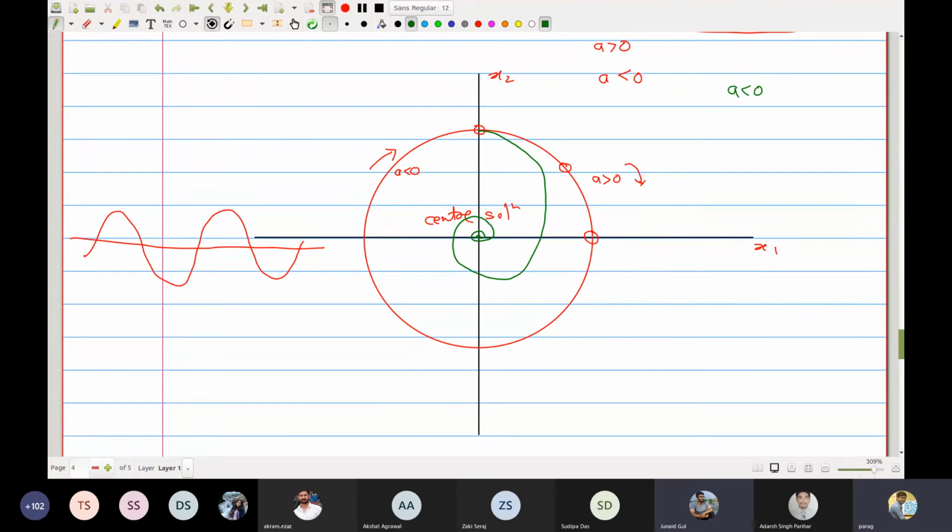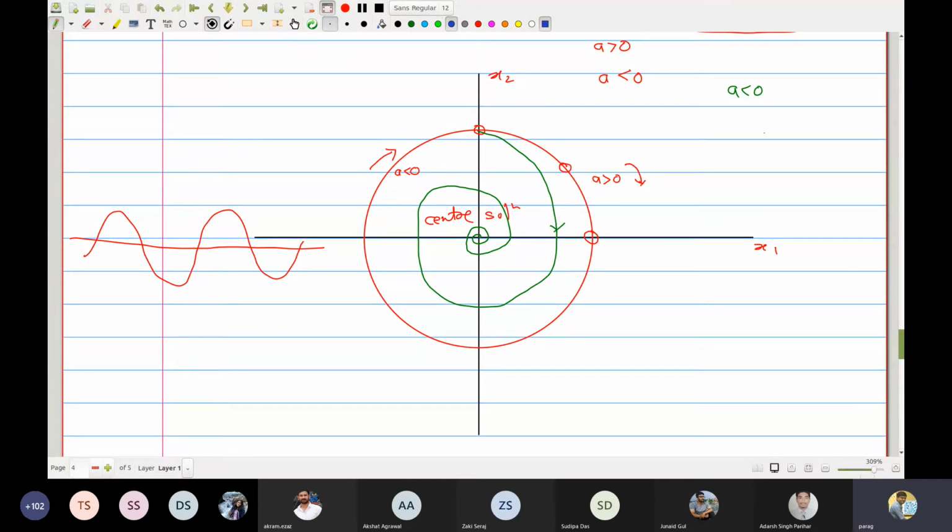So you are going to come here like this. I can make it a little more drastic so that you can see it properly. This is the direction of the arrow. A is less than 0.